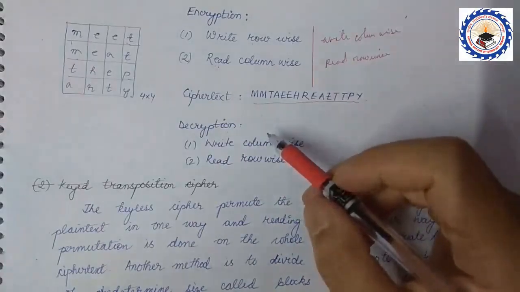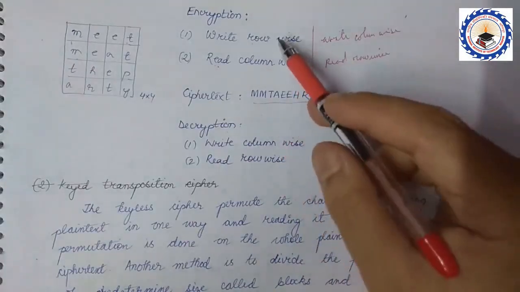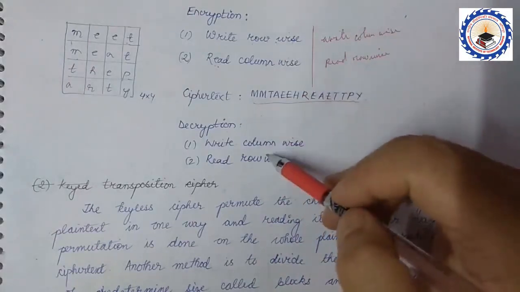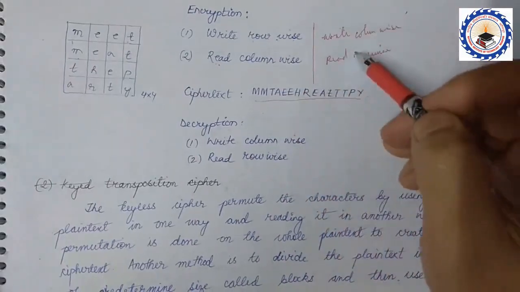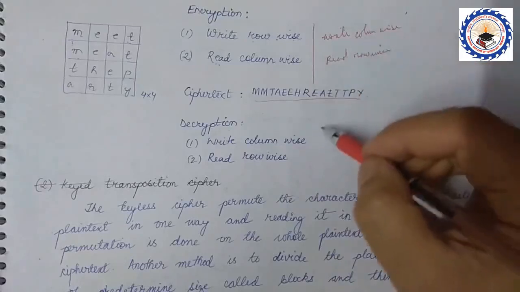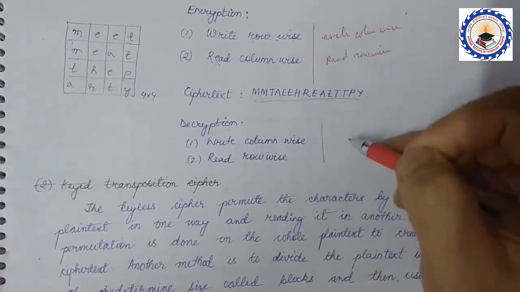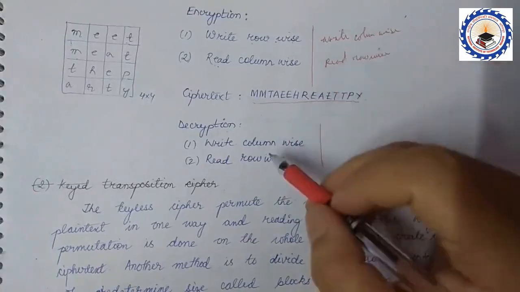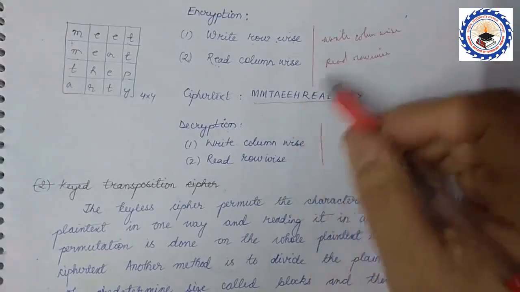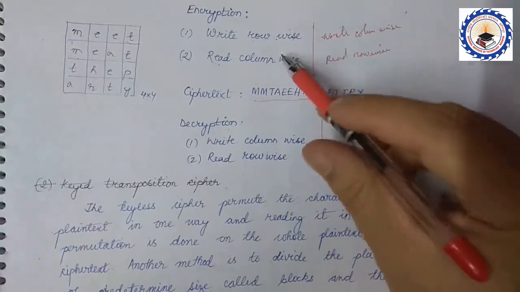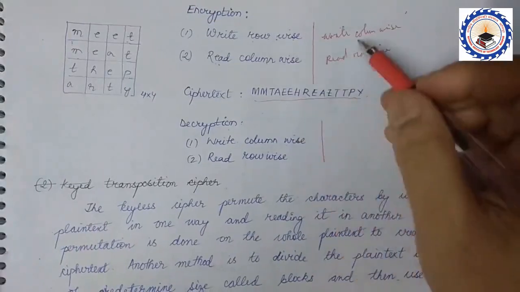The only thing is that if you do the encryption in one manner, you have to follow the decryption in the reverse manner. If you perform the encryption in this manner, you have to perform the decryption in the other manner, the reverse of this one. They are closely connected, so for this one you have to follow this way, and for the other you have to follow the other way.